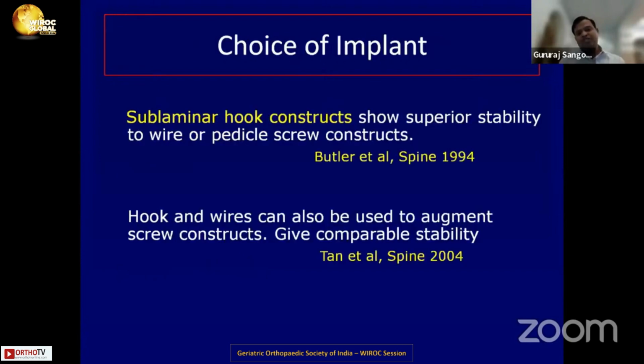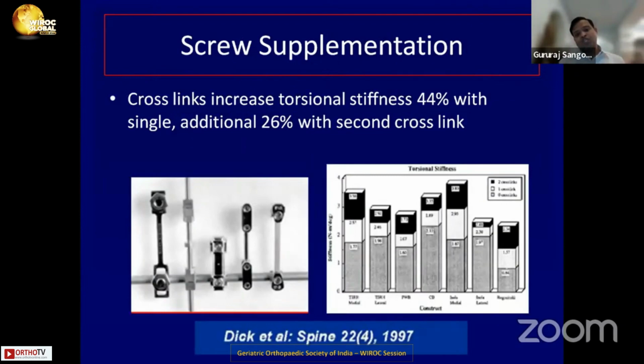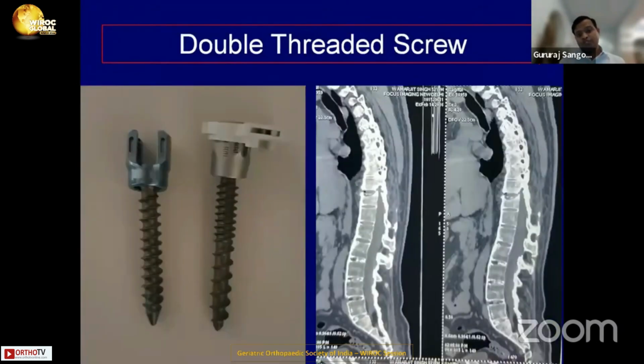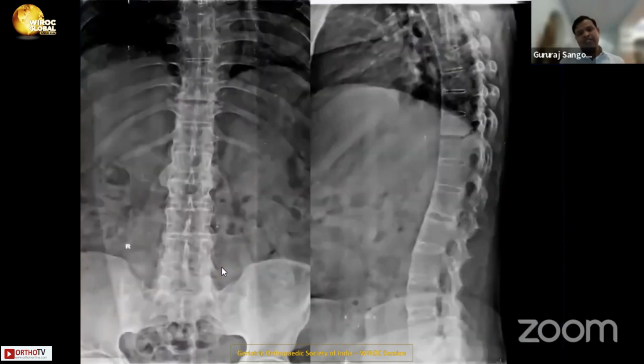Sublaminar hook constructs have better strength because they hook onto the cortical bone, and you can use crosslinks, so it increases the torsional strength. One crosslink increases it by 44%, and an additional crosslink increases it by another 26%. You can use double-threaded screws, where this part catches the cortical bone and this part has cancellous bone threads.